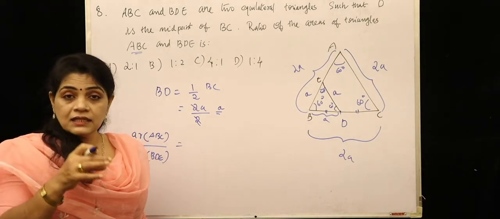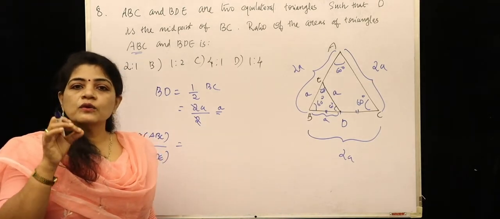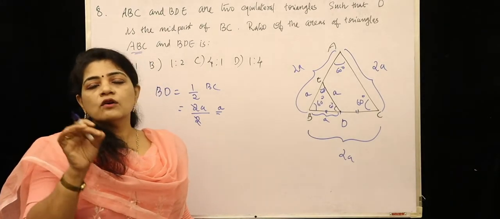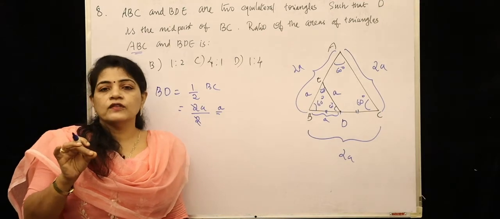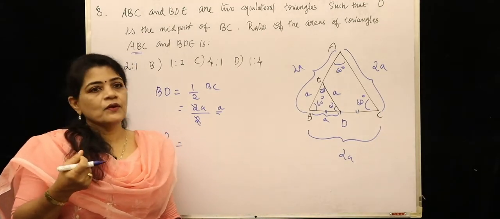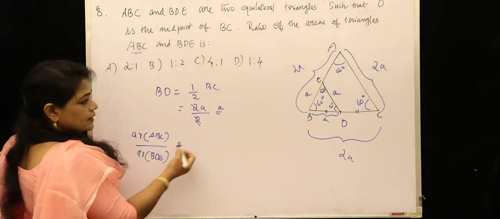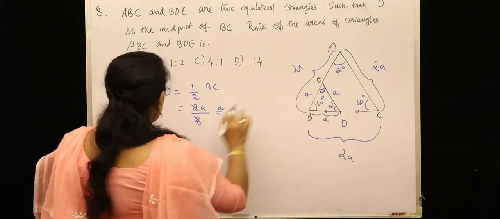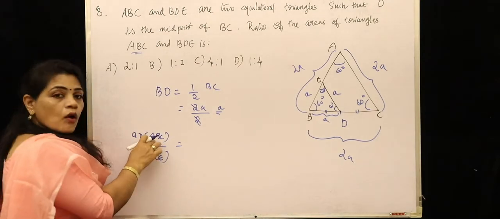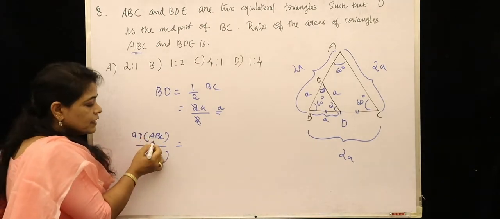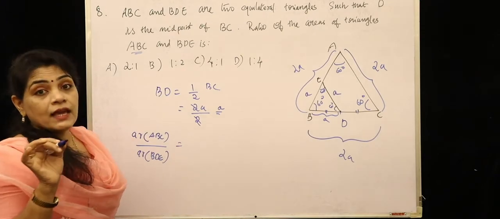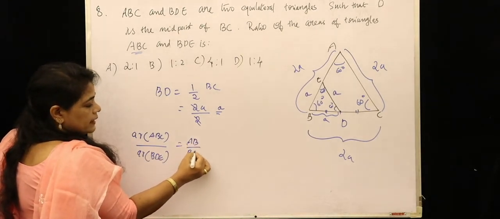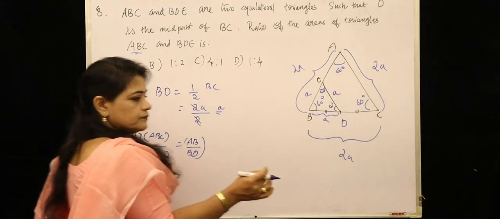The ratio of areas of two similar triangles is equal to the square of the ratio of their corresponding sides. Here we take BD, and on the numerator side, the side of the equilateral triangle ABC. So AB by BD whole square.